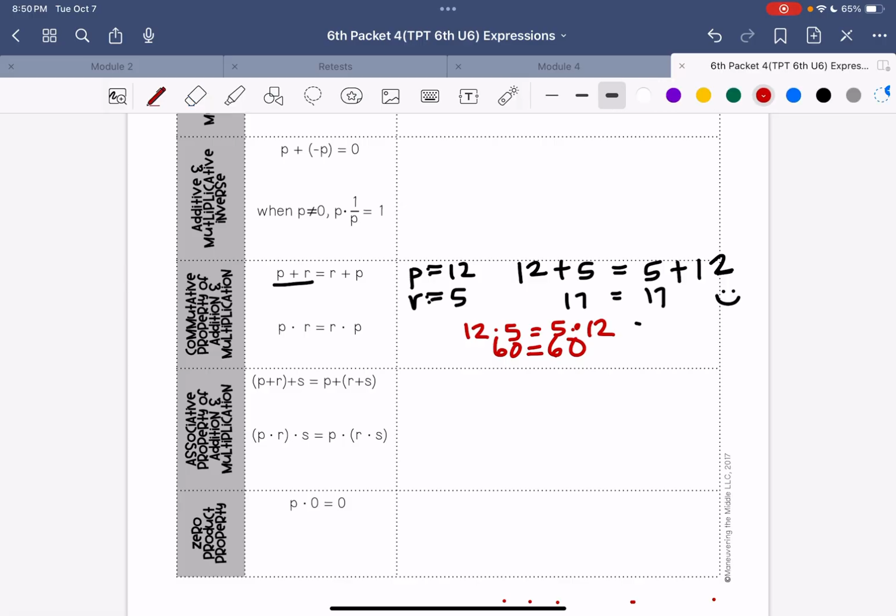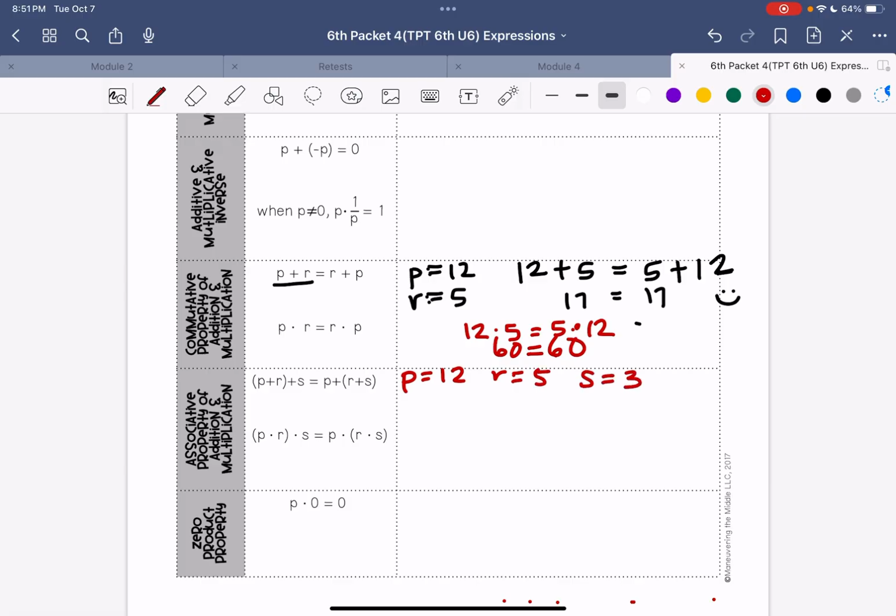All right, next we have associative property of addition and multiplication. Okay, let's assign values. Let's say that p is 12 again. Let's make r equal to 5 again, and we got one more letter this time, s, so let's make s equal to 3.